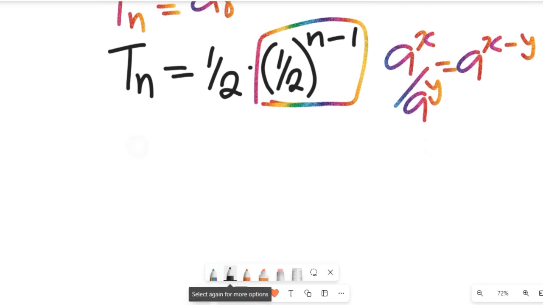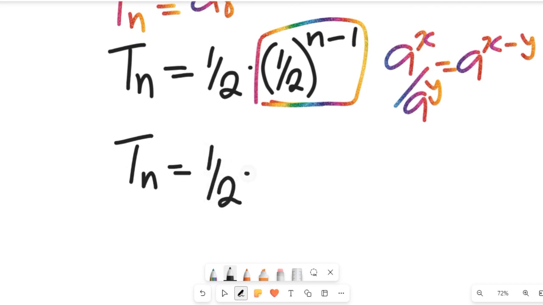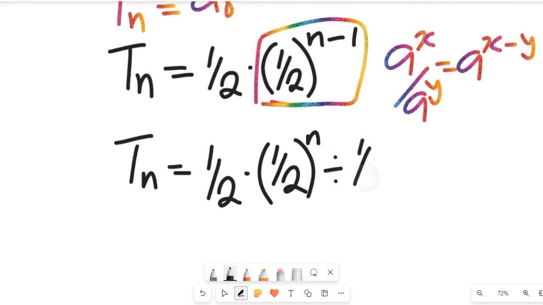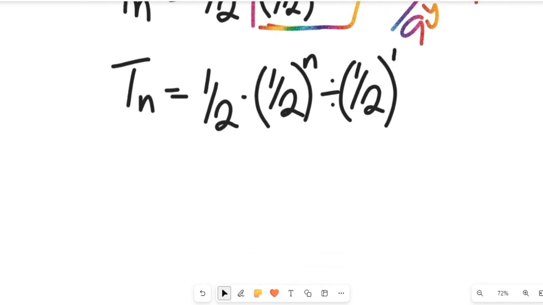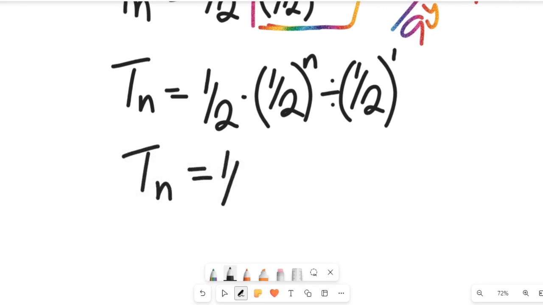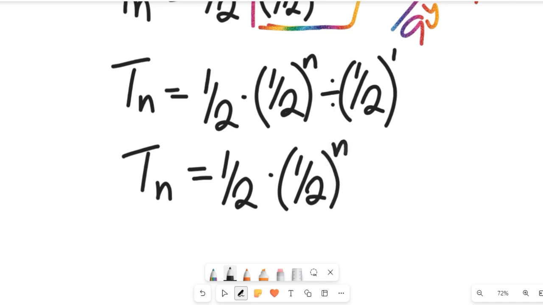We'll have the value of our Tn equal to 1 divided by 2 multiplied by (1 divided by 2) to the power of n, divided by (1 divided by 2) to the power of 1.